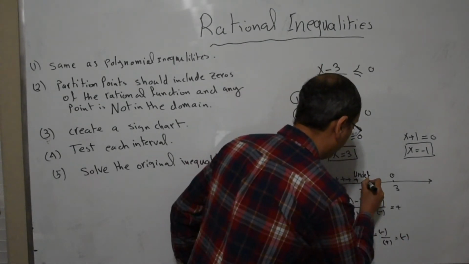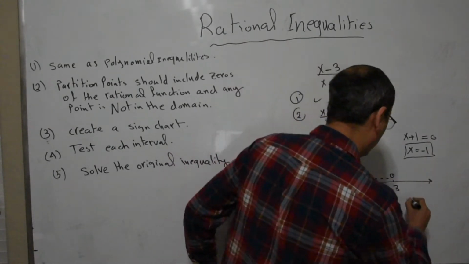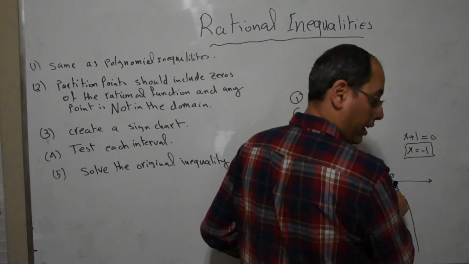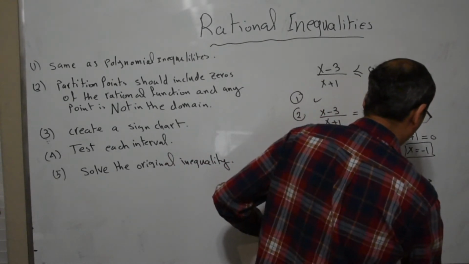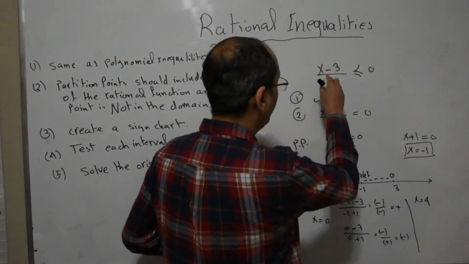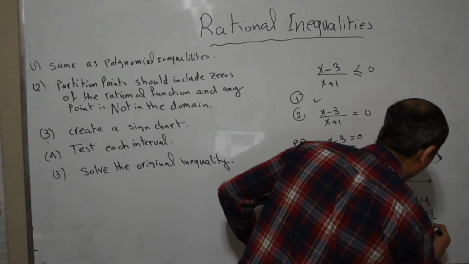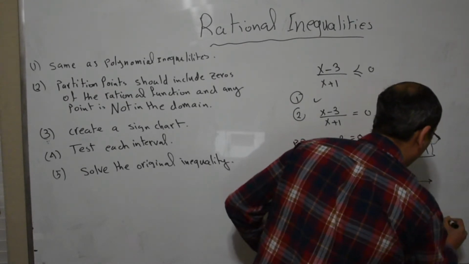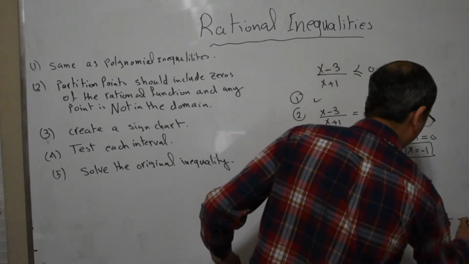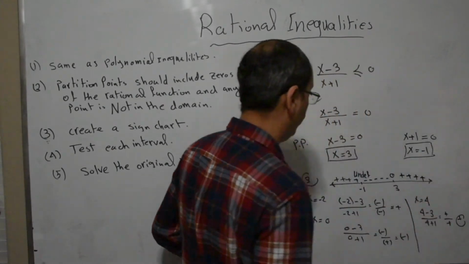So I have negative here. What about this third interval? Let's take anything greater than 3. I'm going to take x equals 4. So I have (4 minus 3) over (4 plus 1), positive over positive. Therefore the answer is positive.